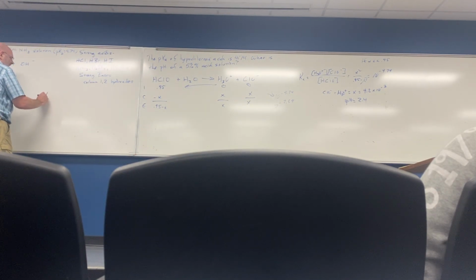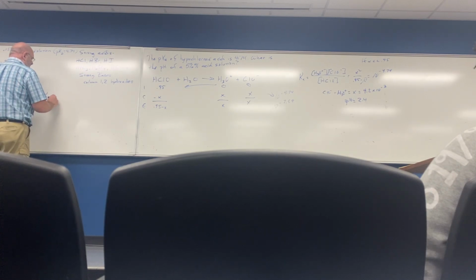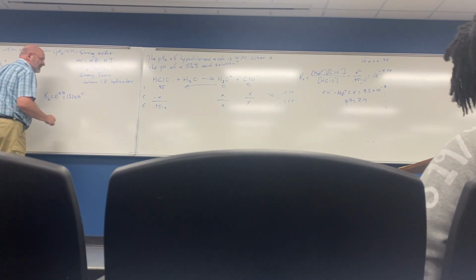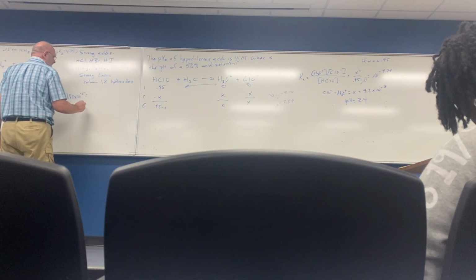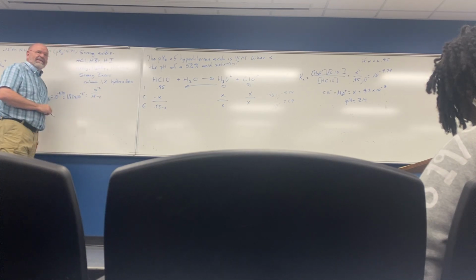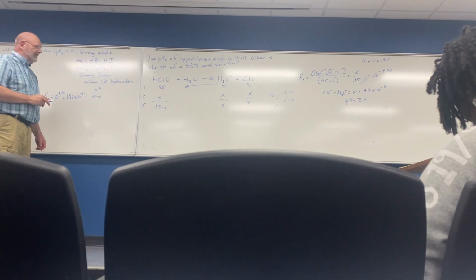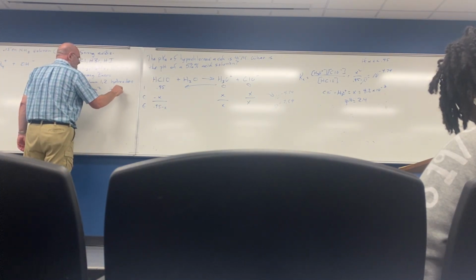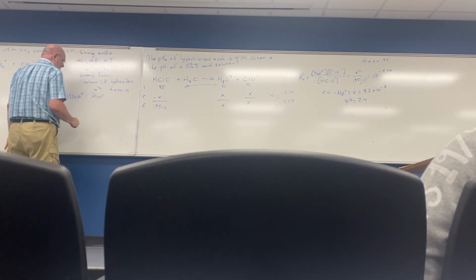So I'm seeing Kb is 10 to the minus 4.74, which is 1.82 times 10 to the minus fifth. Yep. And that's going to be equal to x squared over 0.15 minus x. Is that what you got? Yeah. And so we're going to drop that, since x is really small relative to 0.15.